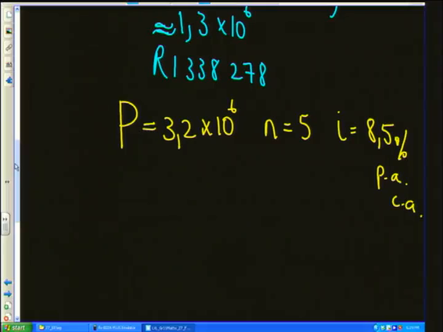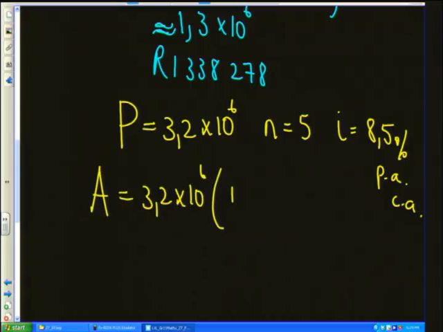They cost me this now. Every year they're going to go up by 8.5%. So how much are they going to cost me in 5 years' time? 3.2 times 10 to the 6, and I'm going to increase it by 8.5 over 100 over 5 years.